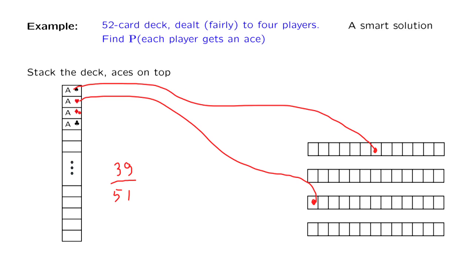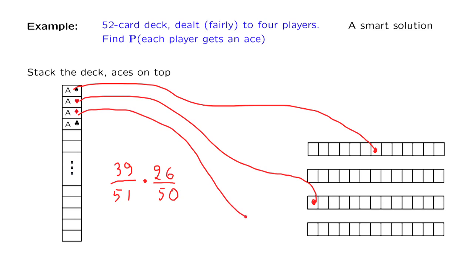What is the probability that this ace will get into a slot which belongs to either this person or that person? It has 26 slots in which this desired event is going to happen, and it's 26 out of the 50 available slots.